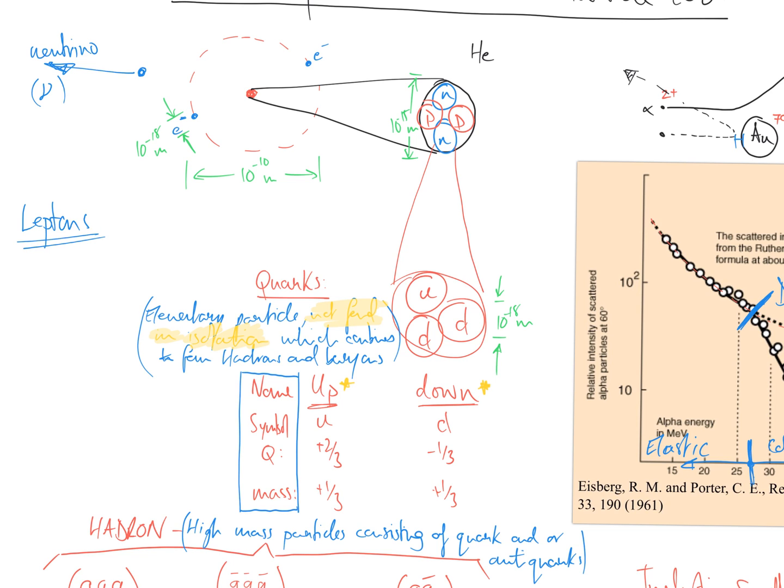And I suppose you ought to give them a definition. It is a low mass elementary particle, e.g. electron, neutrino. Wonderful.